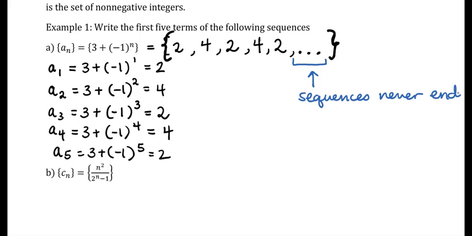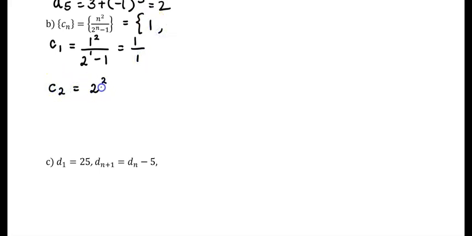I'm going to go on and find the first 5 terms of this sequence c sub n. To find the first term, I will replace n with 1. I got 1 squared over 2 to the 1 minus 1, which is 1 over 1, which is 1. Now I'll replace n with 2.